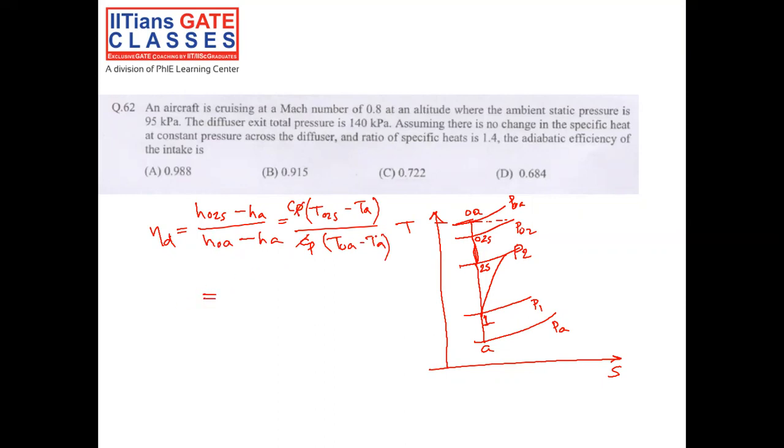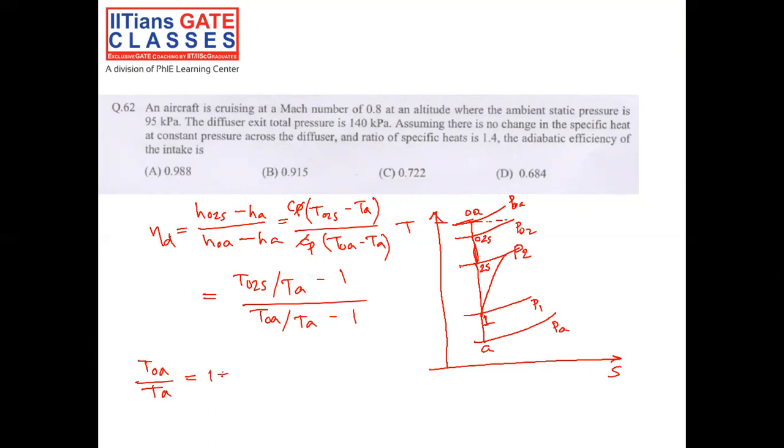And if we take Ta common in both numerator and denominator, it gives T02s by Ta minus 1, divided by T0a by Ta minus 1.